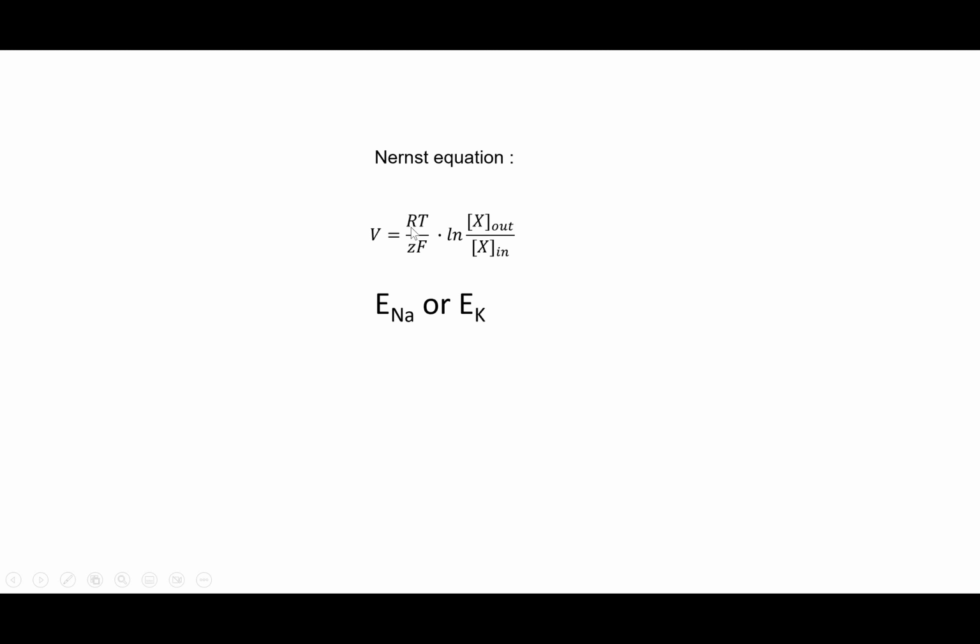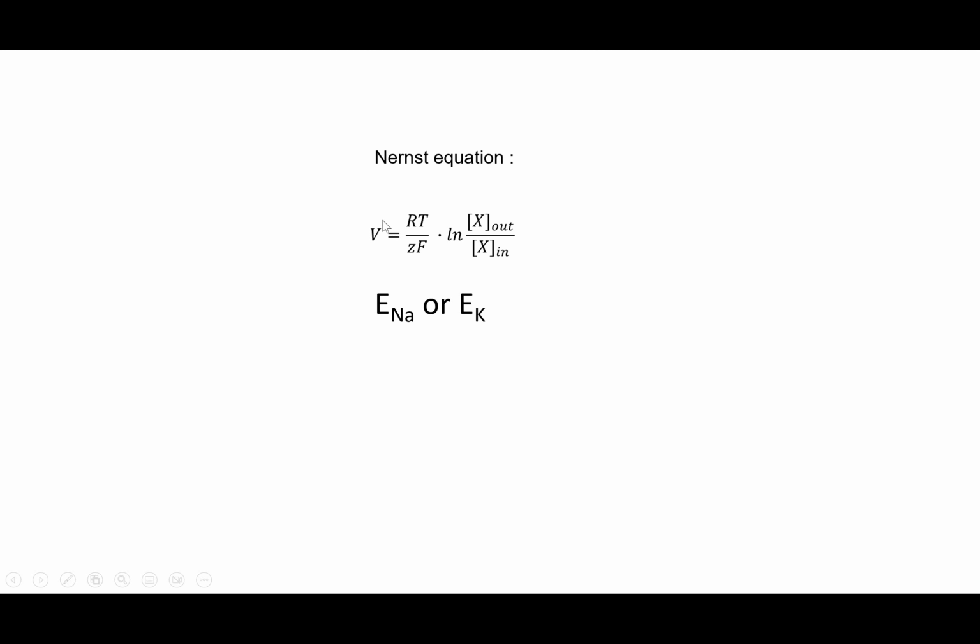So R is the gas constant, T is temperature, Z is the charge of the ion, F is Faraday's constant, and ln times the concentration of an ion outside over the concentration of the ion on the inside. So you can figure out what's called the equilibrium potential for sodium or potassium.